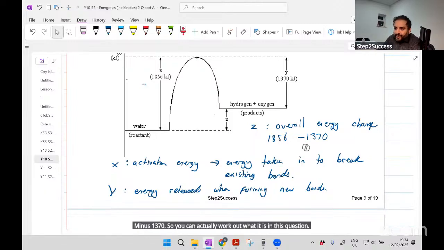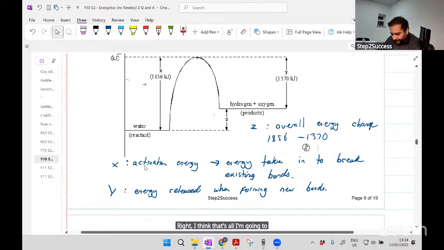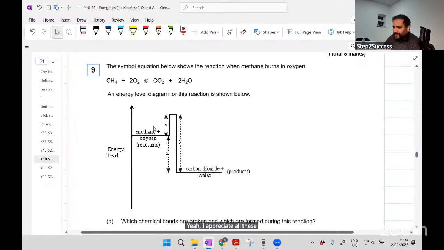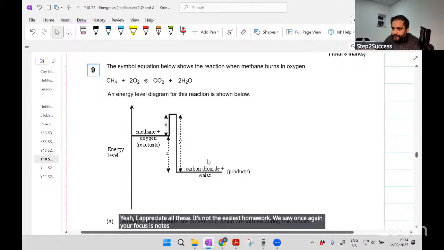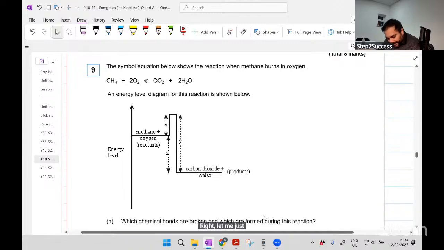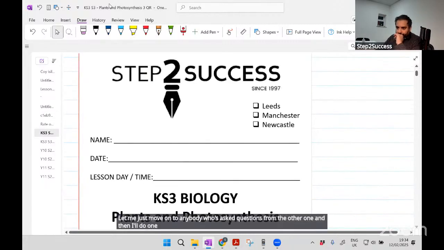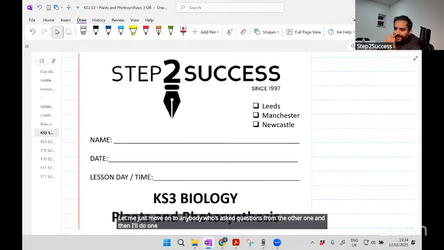Right, I think that's all I'm going to do for that. I appreciate that it's not the easiest homework, which is why once again your focus is notes. Right, let me just move on to anybody who's asked questions from the other one. One of the topics that has been asked about was the required practicals a little bit, so I can do that, and I'll show you hydrogen fuel cells briefly as well.